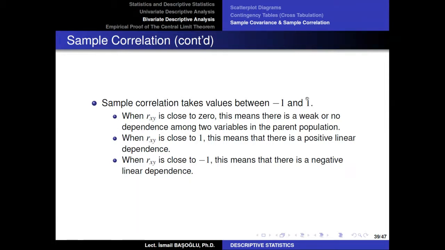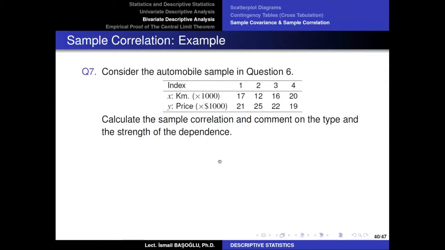If the sample correlation is close to 1, there may be a positive linear dependence between the variables in the parent population as well. And if the sample correlation is very close to -1, then there seems to be a negative linear dependence relationship between the two variables in the parent population.